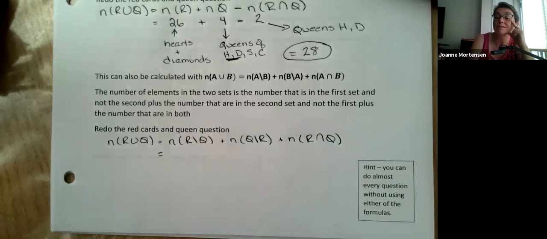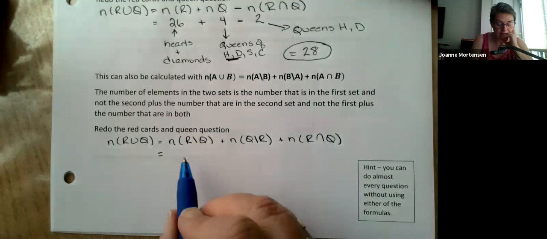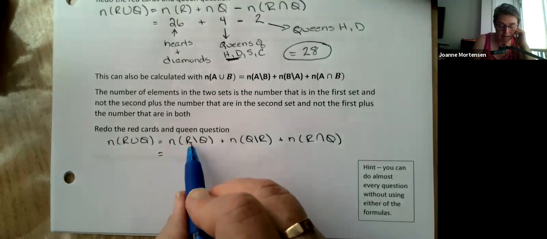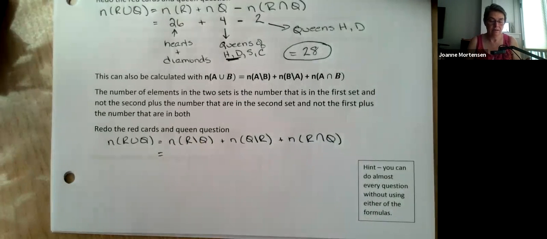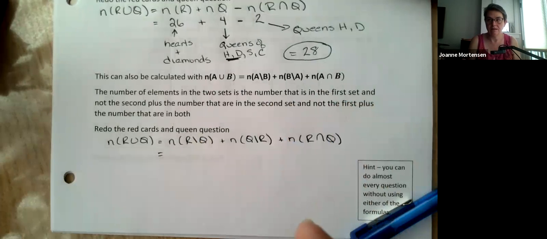This will be easier with the deck of cards, but you're clever. We'll work through it. We need the cards that are red but not queens. So that's going to be ace, 2, 3, 4, 5, 6, 7, 8, 9, 10, jack, king, right? We can't count the queen.